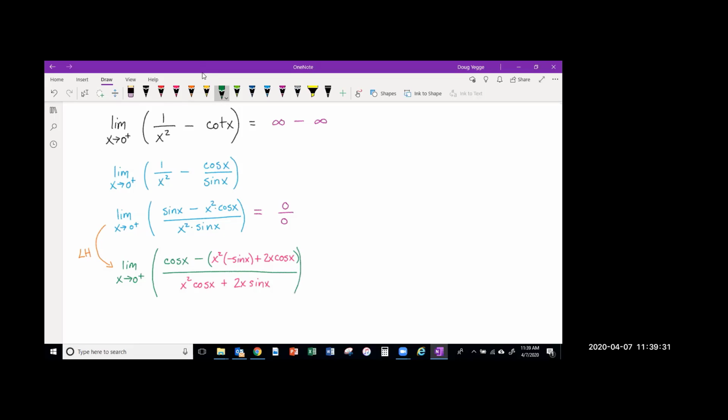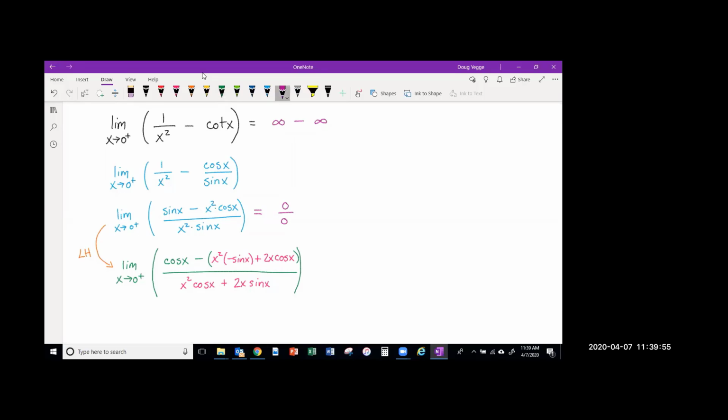Now, at every step along the way, you've got to check whether you get some particular quantity. If you keep getting indeterminate form, then you keep doing L'Hopital's rule. But don't just keep differentiating top and bottom if you end up getting an answer, because your limit will not be the same.